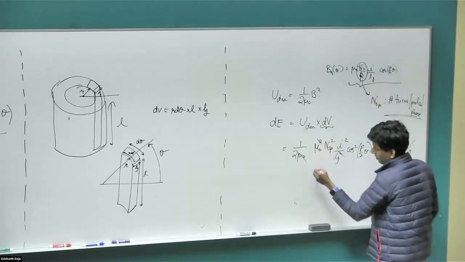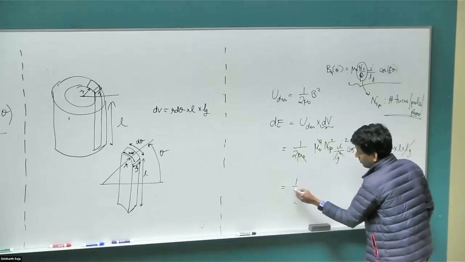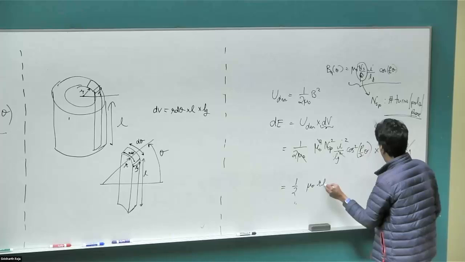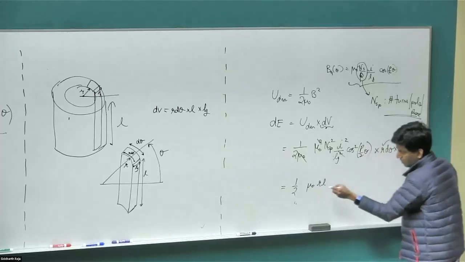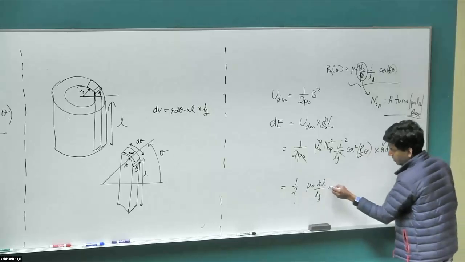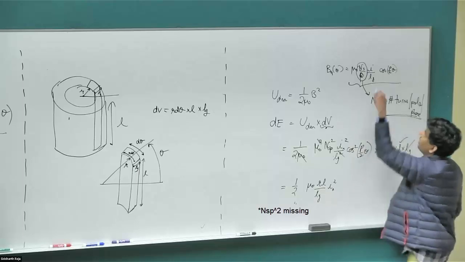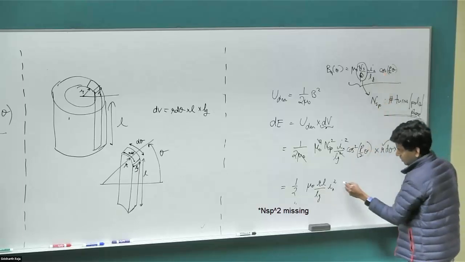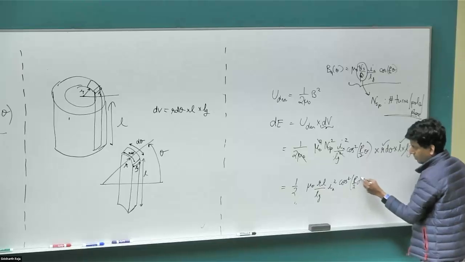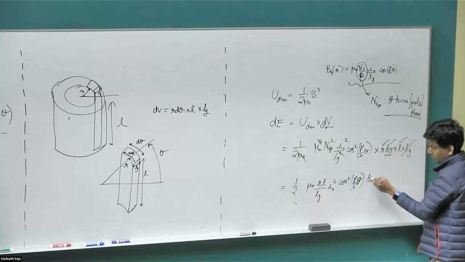Mu naught square gets cancelled. So what we are left with is 1 by 2 mu naught times RL divided by Lg times I square, let me add a subscript, the current in the A phase, times cos square p by 2 times theta times d theta.